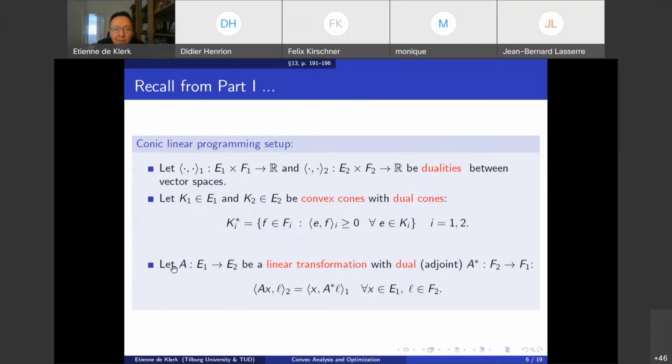And now we just have to identify our approximation problem with each one of these spaces and dualities. So we have to specify what duality 1 and 2 are, what these spaces are, how our operator A looks like, how our operator A star looks like. So basically we just have to identify the special case.